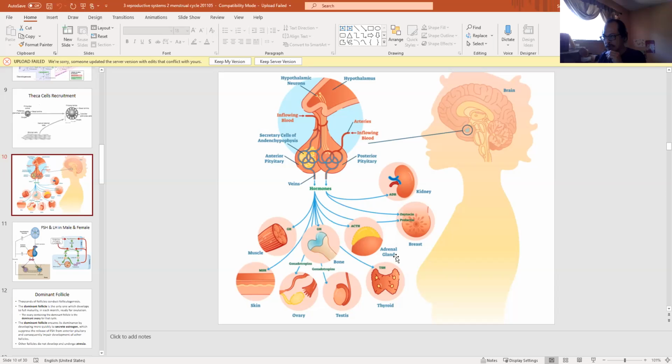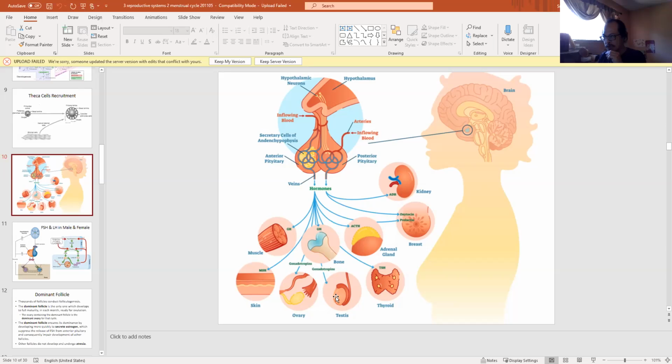Let's see what it says here. Gonadotropin, including the FSH and LH. It acts on the ovary and the testes.